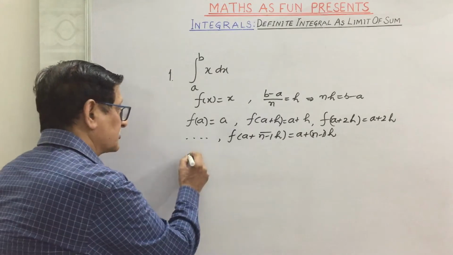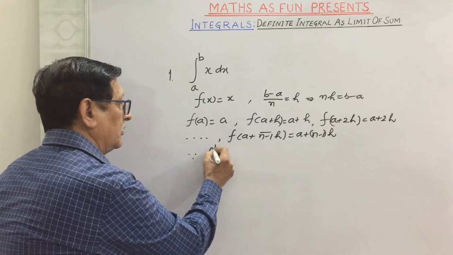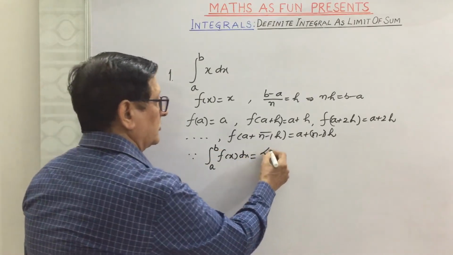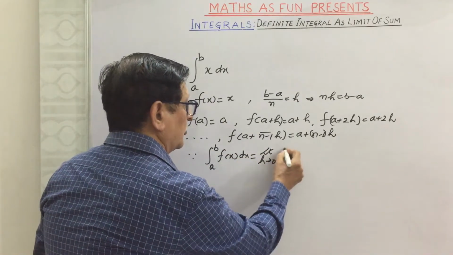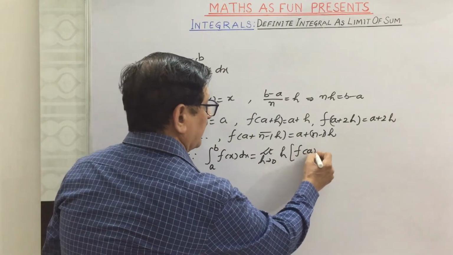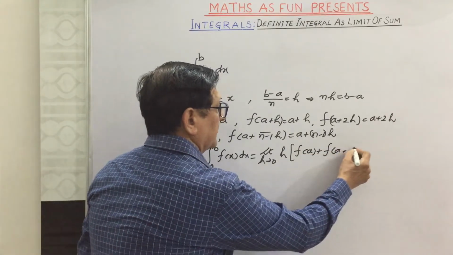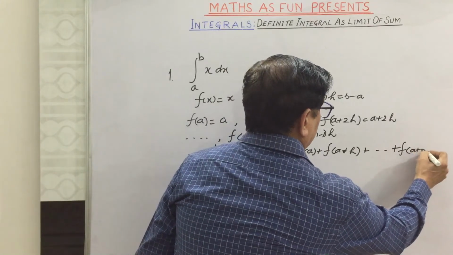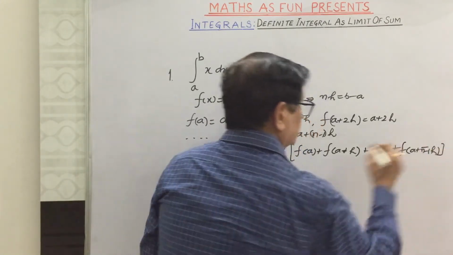And now we write, since the integral of f(x) dx from a to b is equal to the limit as h tends to 0 of h times [f(a) plus f(a plus h) plus so on up to f(a plus (n minus 1) into h)].